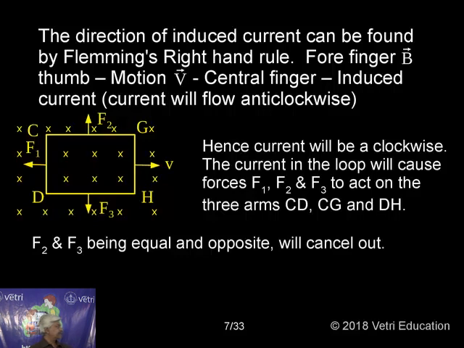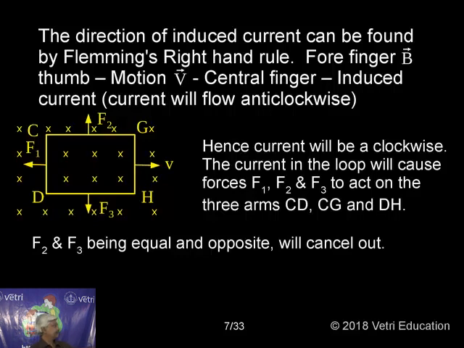So G and H. Here F1, F2, F3, and this is the direction of motion of the body. This is placed in the magnetic field of induction B. Here F2 and F4 are equal forces but in the opposite direction, therefore they cancel out.